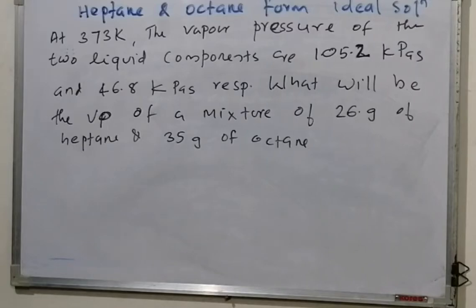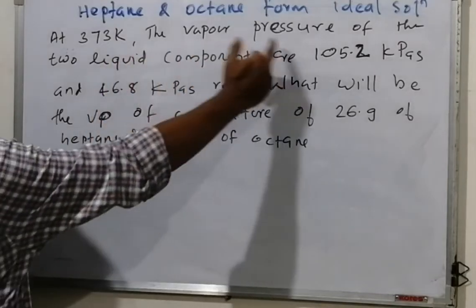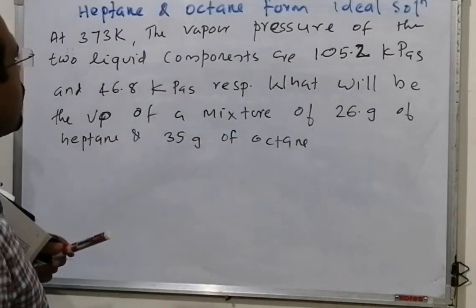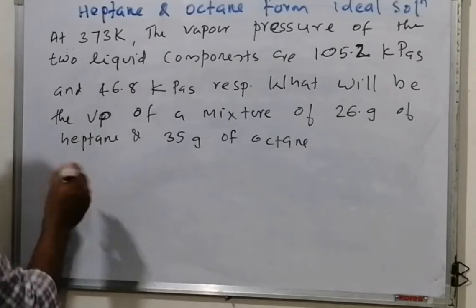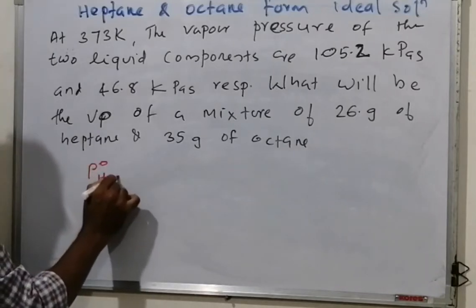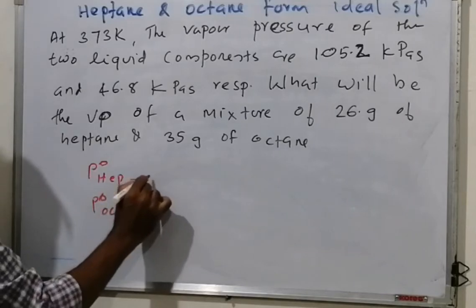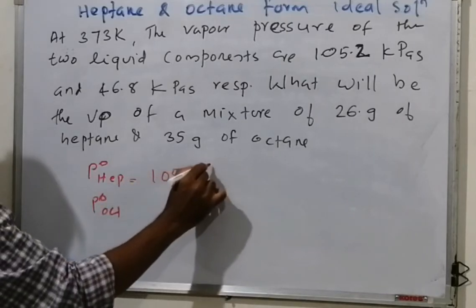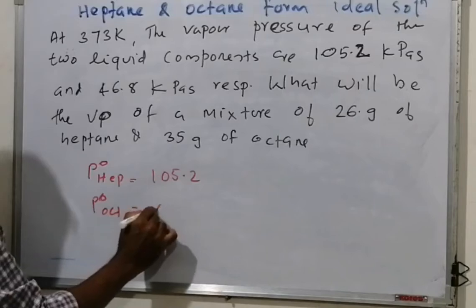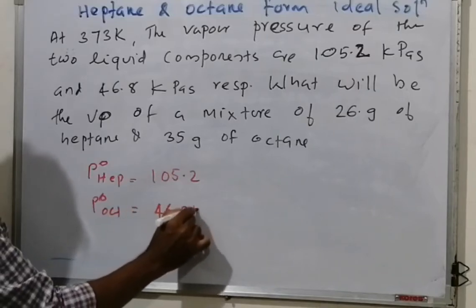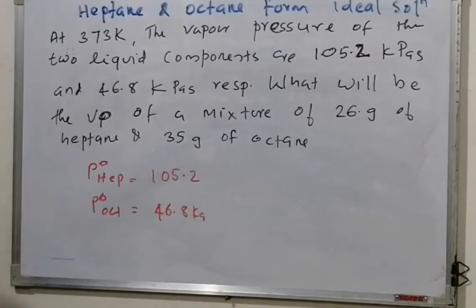Heptane and octane form an ideal solution. The vapor pressure of the two liquid components are P0 heptane 105.2 kilopascal and P0 octane 46.8 kilopascal. What will be the vapor pressure of the mixture?